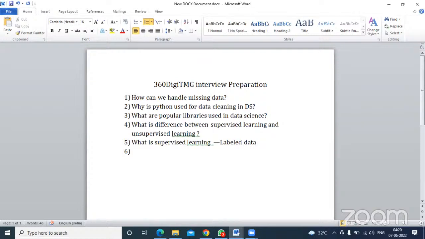The data set trains the machine how to do this and how to do that, and all the instructions are given, and the machine just has to follow that procedure. So that is supervised learning.